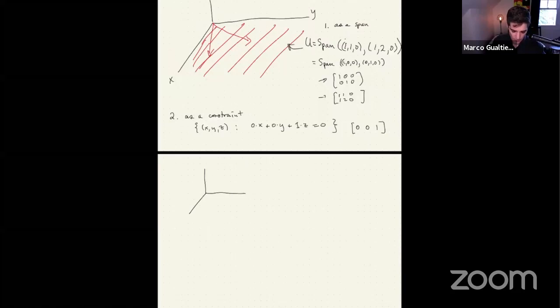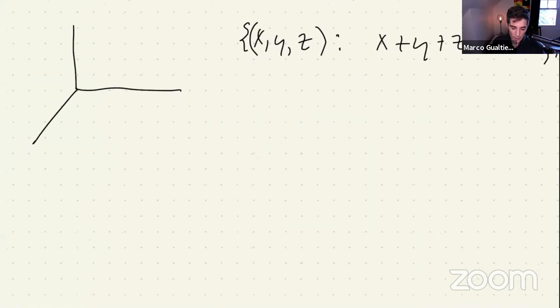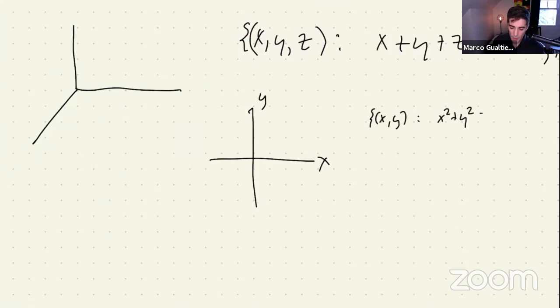Suppose that I give you the constraint, the set of x, y, z, such that x plus y plus z is equal to 0. Well, let me give you another example. Let's look at the xy plane and look at the set of x, y such that x squared plus y squared is equal to 1.